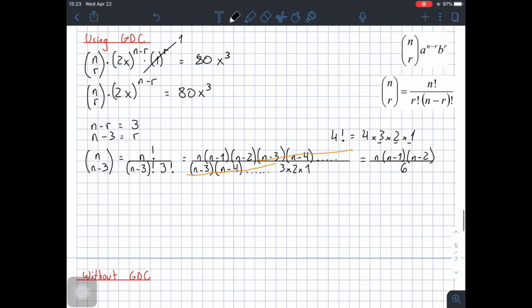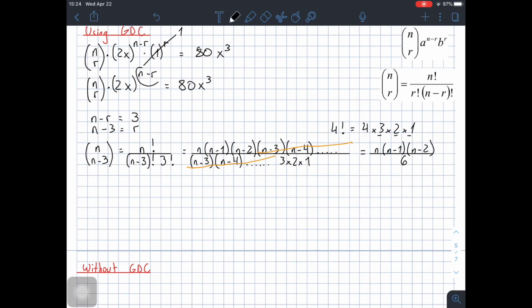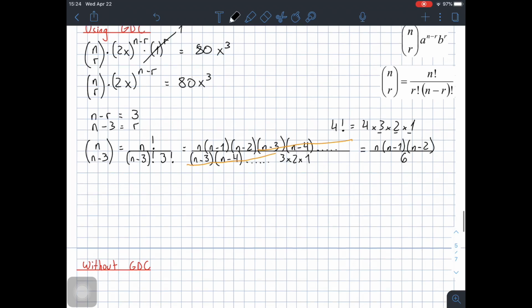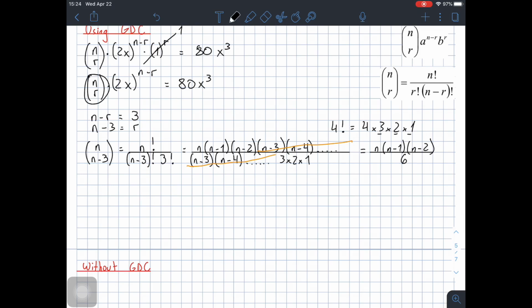Okay, now another thing, we already know that n minus r should be equal to 3, right? So if we work with the coefficients, this is a coefficient and this 2 over here will also add up to the coefficient, then we know that nCr times 2 cubed should be equal to 80.